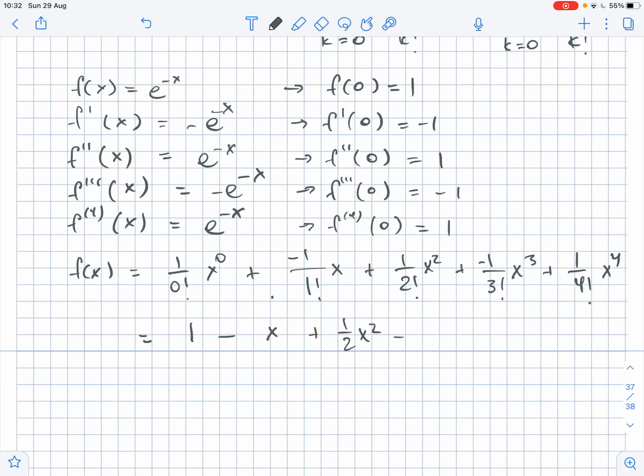And then this equals 1 minus x plus 1 over 2 x squared minus 1 over 6 x cubed plus 1 over 24 x to the fourth power.